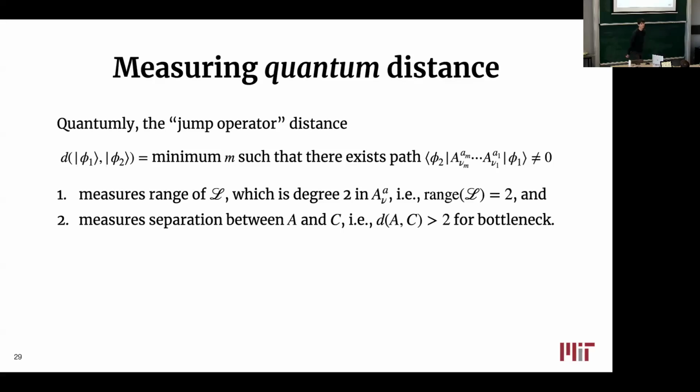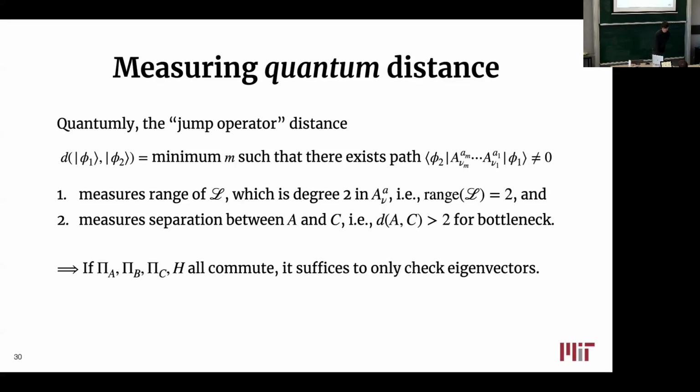This is great because, as I said, the algorithms we have are all degree 2, or we can say constant degree and have a slightly more general result. They're all degree 2 polynomials in the A^nu_a operators. So that gives you the range of the Lindbladian immediately. And then if you can just show that your regions are separated by more than the range, then we're going to have some kind of bottleneck result.